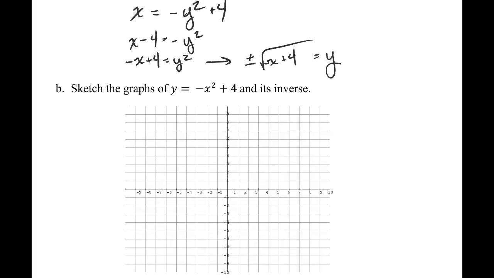So when we go to graph this, I'll use black for my initial function. So that's negative x squared plus 4. A parabola, vertex at (0, 4), opening downward, no stretch or compression. It's going to look like this.